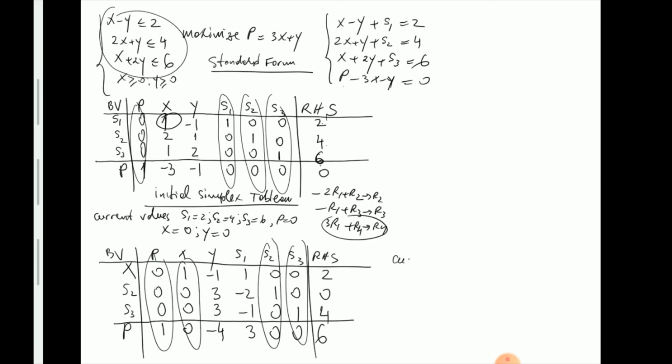So the current values: x is basic, so right hand side is 2. So x is equal to 2, s2 is 0, s3 is 4, p is equal to 6. The rest of them are not basic, so they are automatically assigned the value 0.